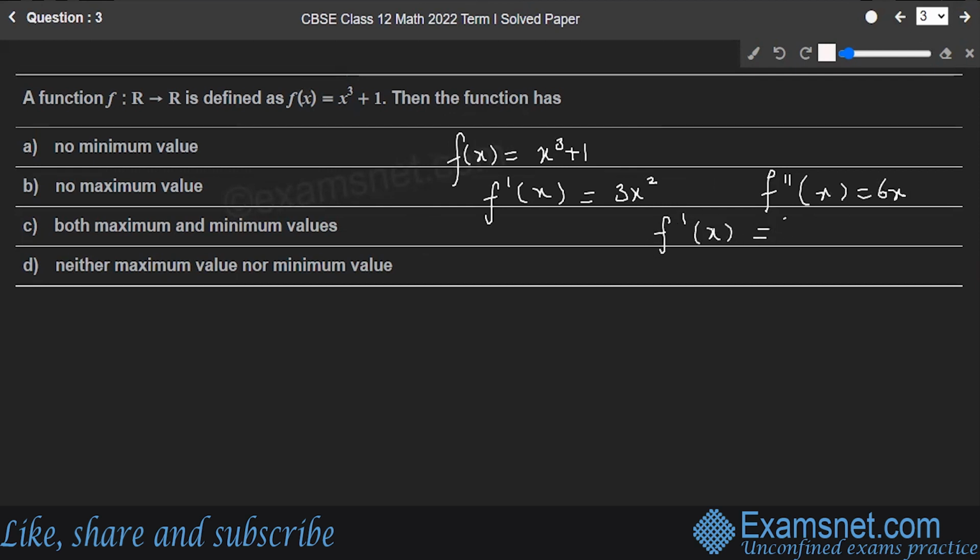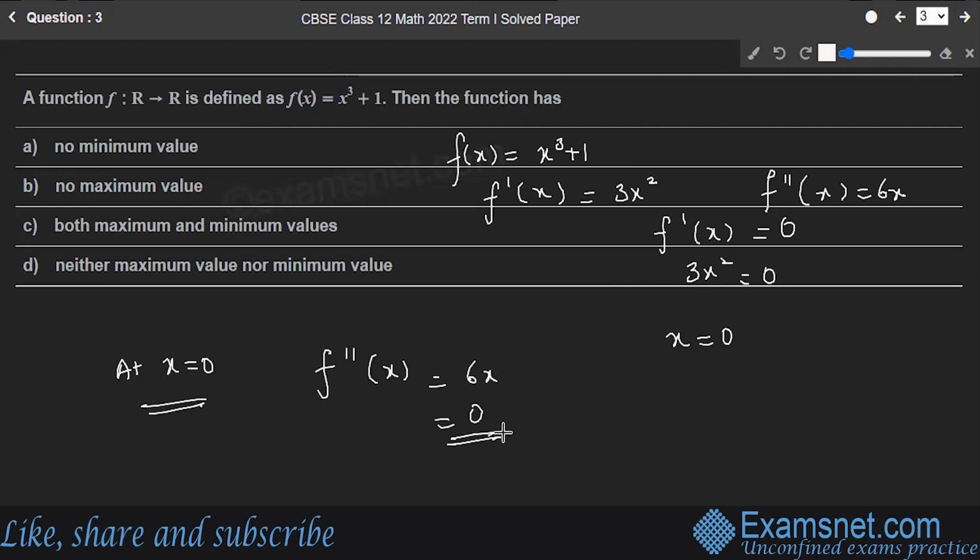f dash x is equal to 0 for either the minimum or the maximum value. We'll put that equal to 0. That means 3x square is equal to 0, which simply means x is equal to 0. Now, at x equal to 0, what is the value of the second derivative, which was 6x? This is also equal to 0.